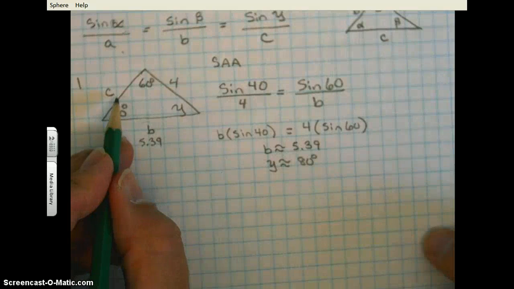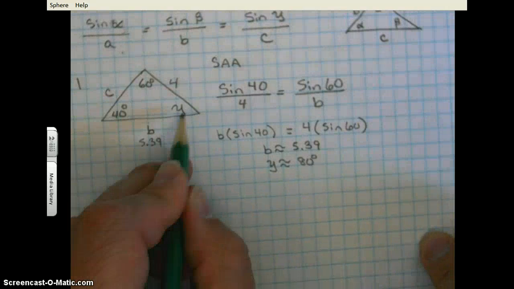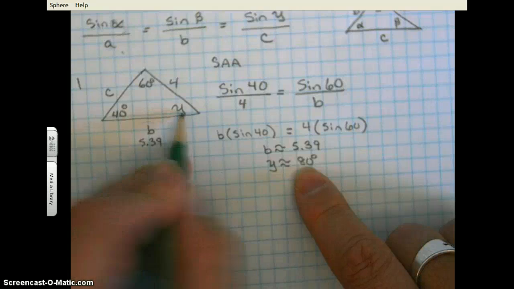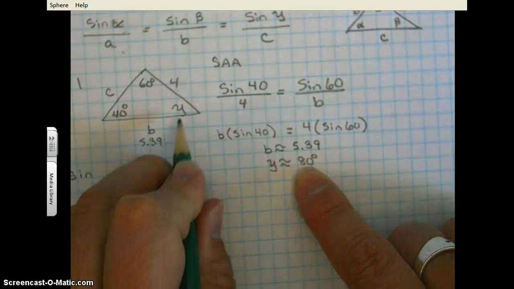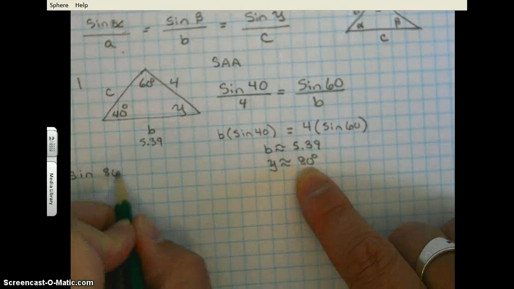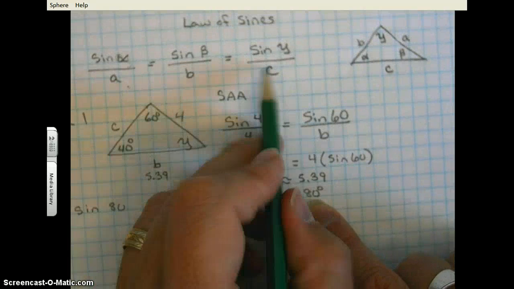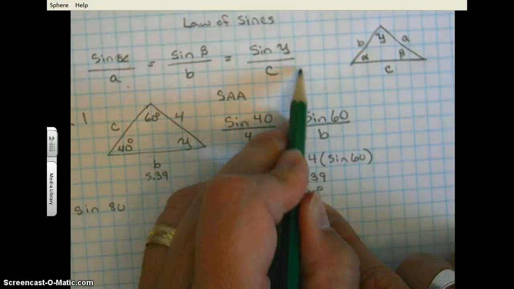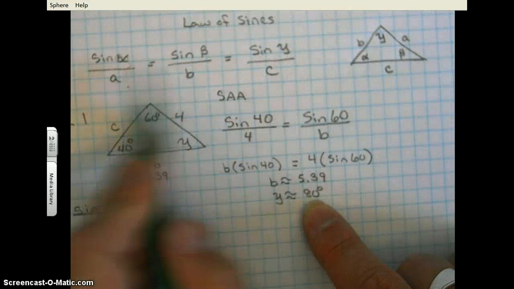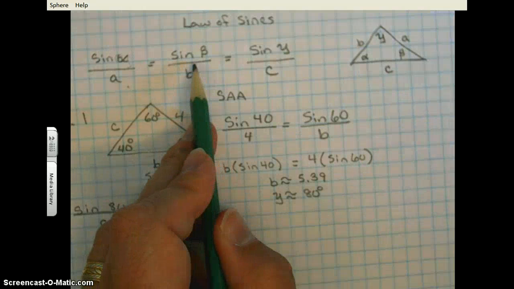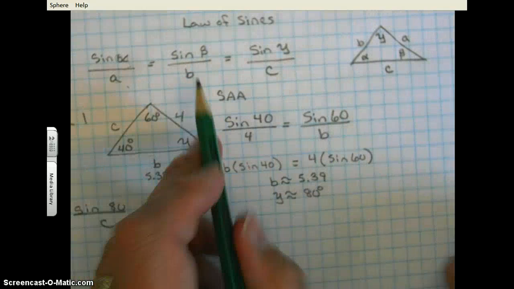So setting up another proportion, this time I'm going to go ahead and use gamma because I'm looking for C. So the sine of gamma, which is 80, I'm using this ratio here, over C, and I can use either one of these. So let's go ahead and use the sine of beta.